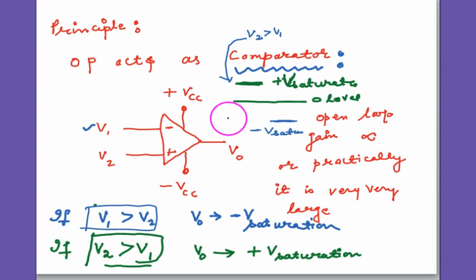This is the op amplifier as a comparator having two levels.